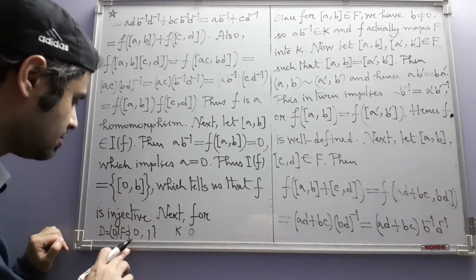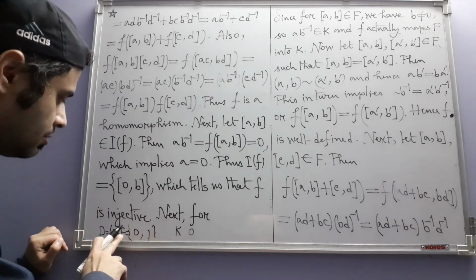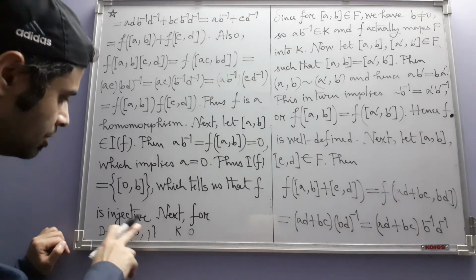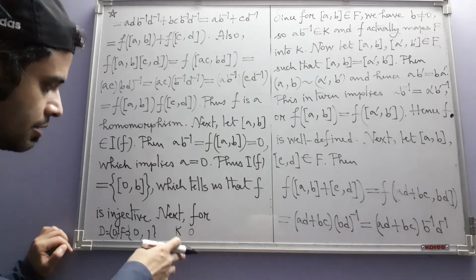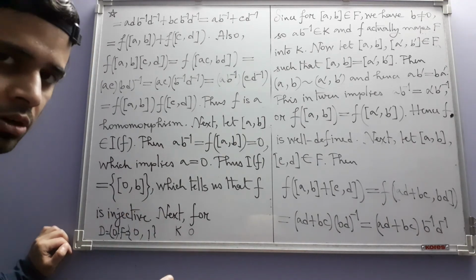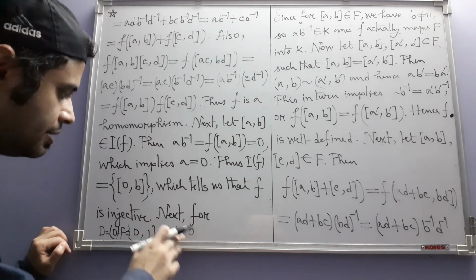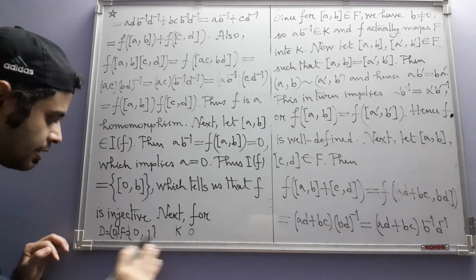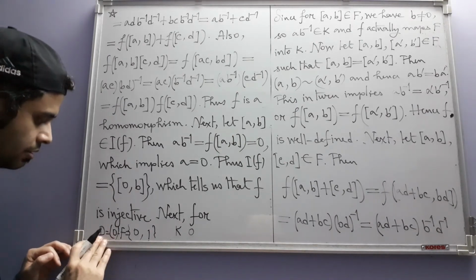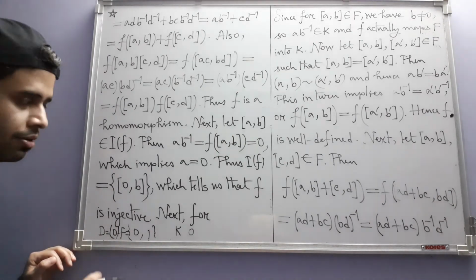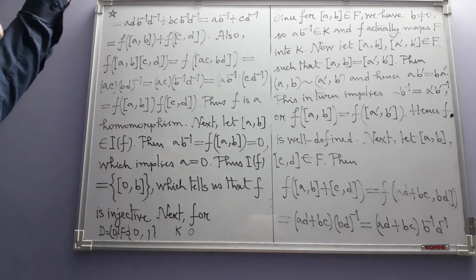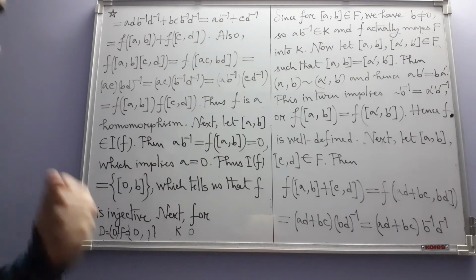If D is 0, then our field consists of only two elements, which is contained as a subfield, or has an isomorphic copy as a subfield, inside any field. That settles the case where D is 0. Then we assume that D is non-zero, and for that we are doing all these things.